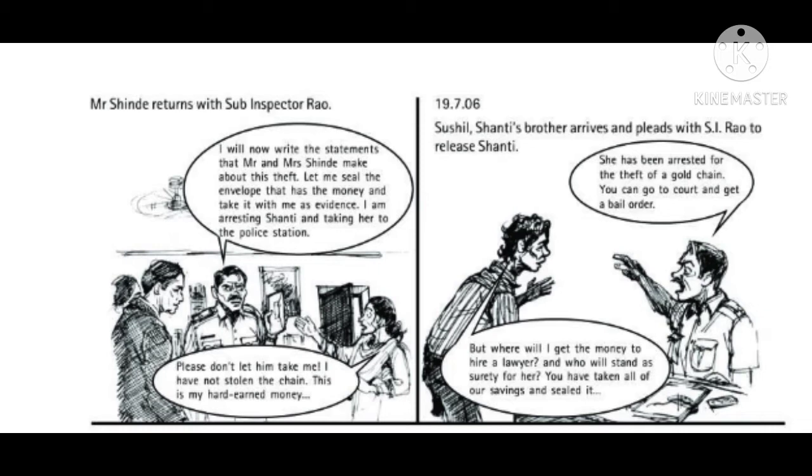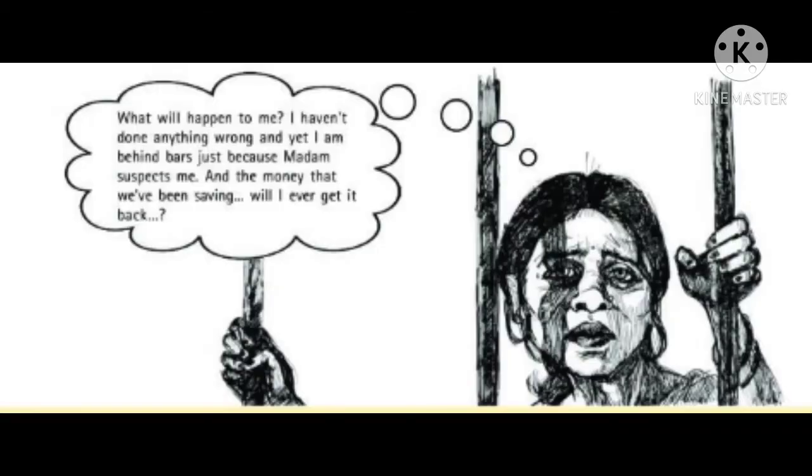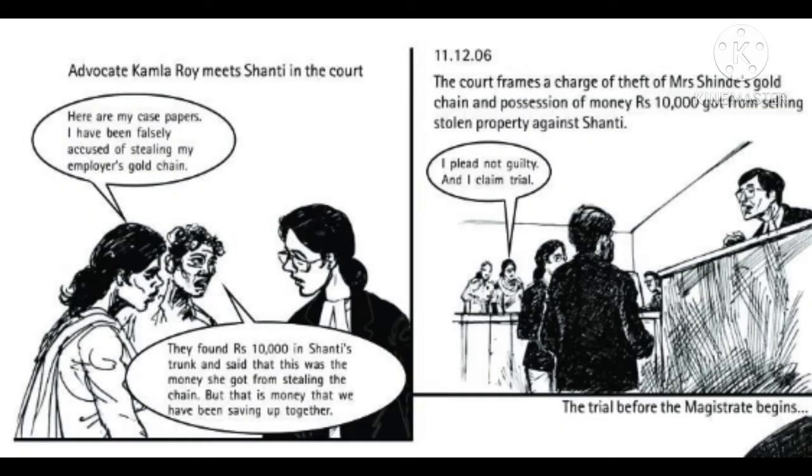Then Sushil, Shanti's brother, arrives and pleads with SI Rao to release Shanti because she was not guilty. Then a case was filed, and because no proof was there, after a month the court decided to grant bail to Shanti on rupees 20,000.